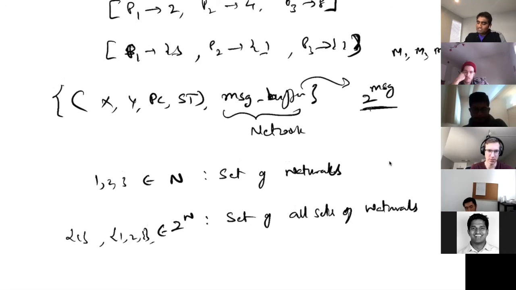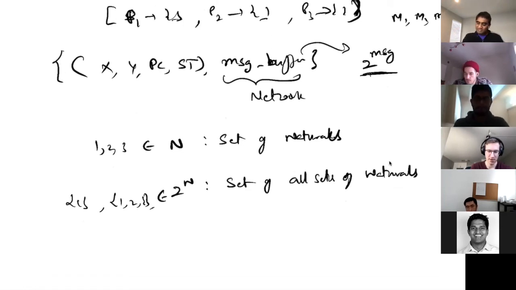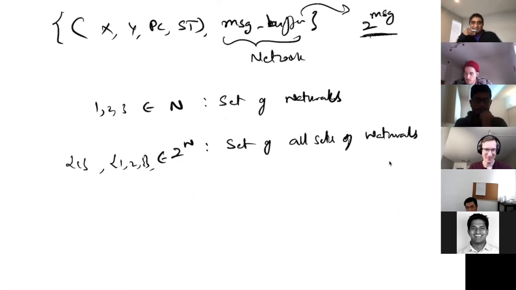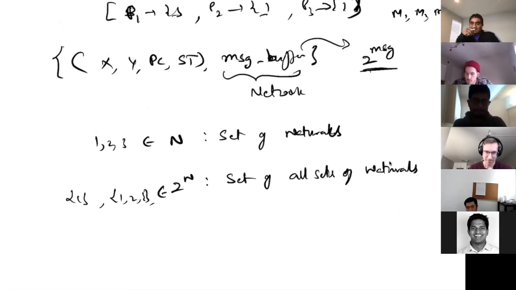So when you say 2 power message, what I'm saying is the message buffer belongs to the set of all sets of messages, which means it's a set of messages, not a single message. Thanks. If you don't feel very comfortable with this notation, you should let me know now, because the proof and the rest of the class depend on this.